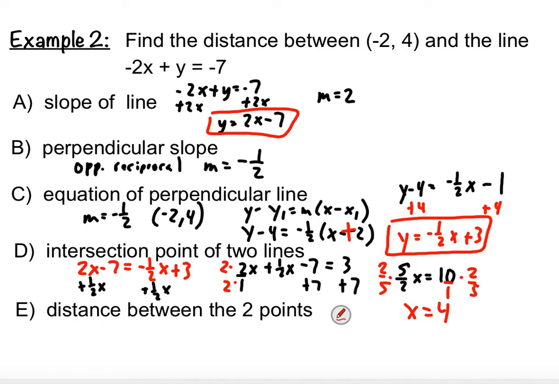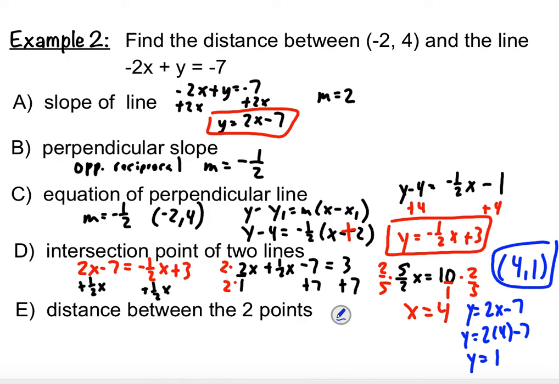So let's find out what the y value is. You can either put it into the perpendicular line or into the original line up there in part A. It's up to you. I'm just going to put it in part A there. So our intersection point this time is (4, 1).